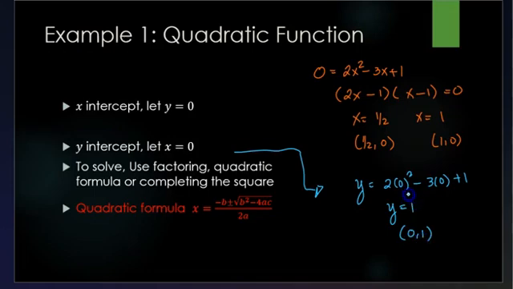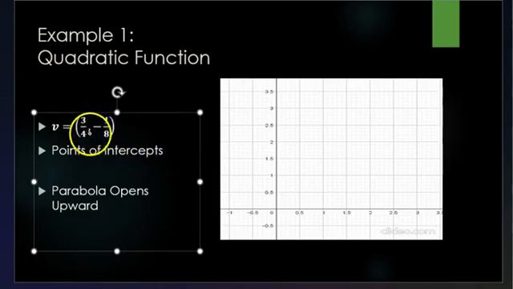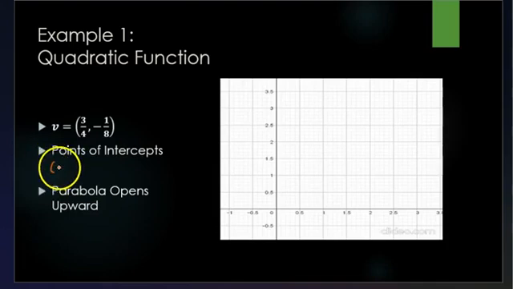So to graph that, we just need all these points. We have the vertex, which is (3/4, -1/8). Then we have our x-intercepts, (1/2, 0) and (1, 0), and your y-intercept, which is (0, 1). So we're going to plot them.